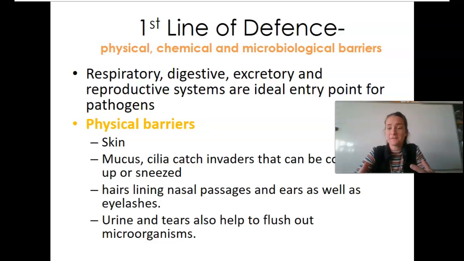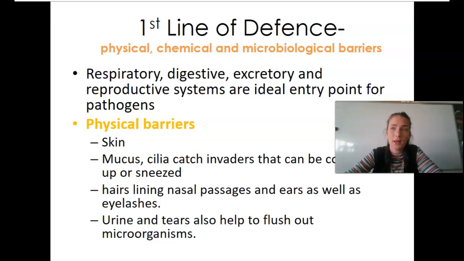And if they are living there, that means that other more harmful things can't take up residence there. So microbiological barriers work by being a healthy, normal, natural population of microorganisms that are blocking any other kind of pathogen from potentially taking up residence in that area.